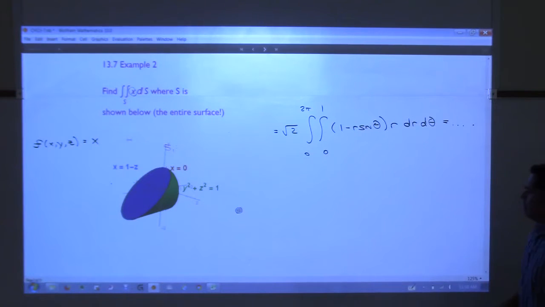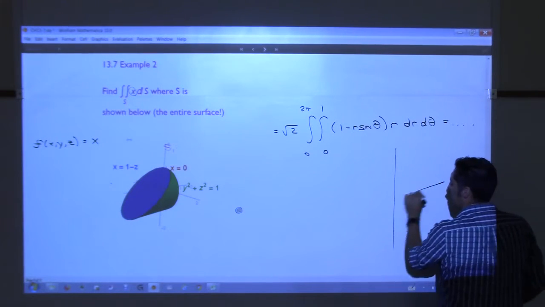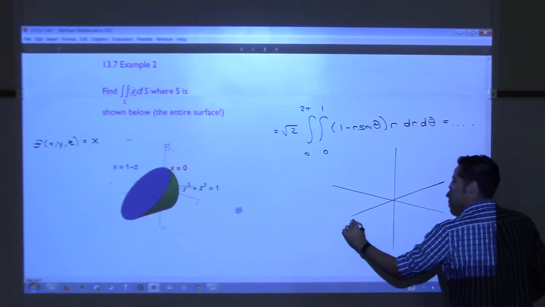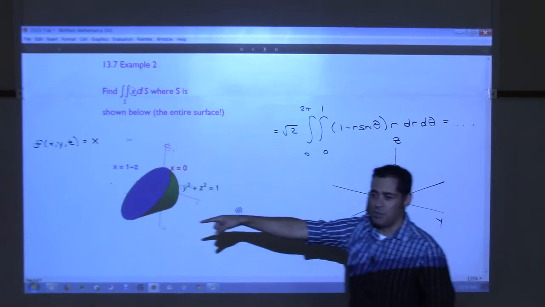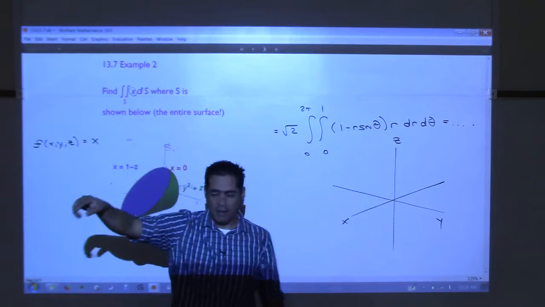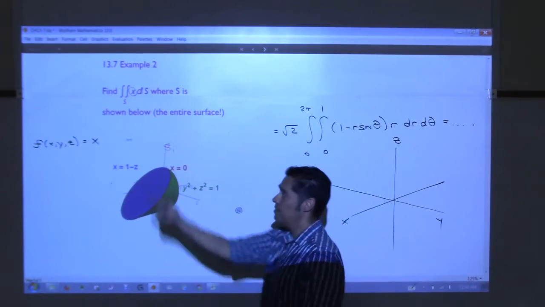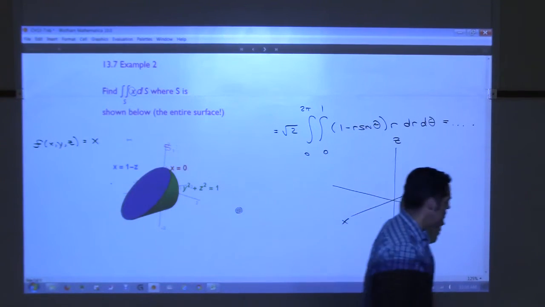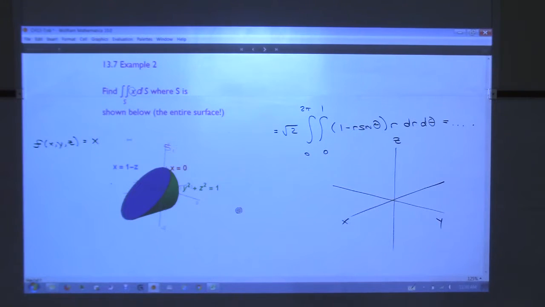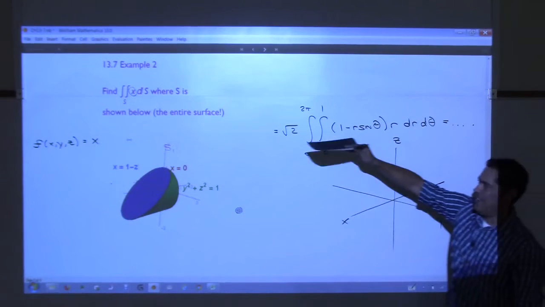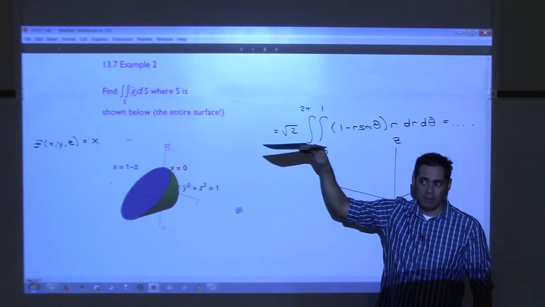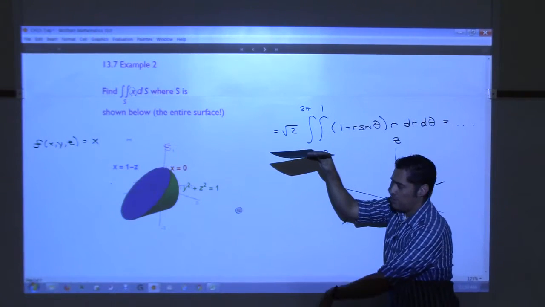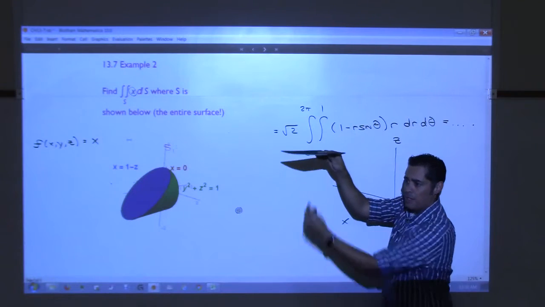Here's the way I think about it. This may help you, it may not. Here's x, here's y, here's z. Let's use the room again. X that way, y this way, z that way, right? If you have a surface like this, this is a function of x and y, because the points are coming from down here, getting plugged in, and you're getting this surface.